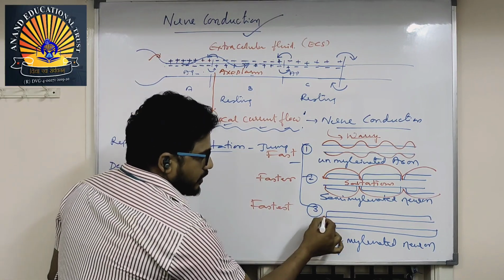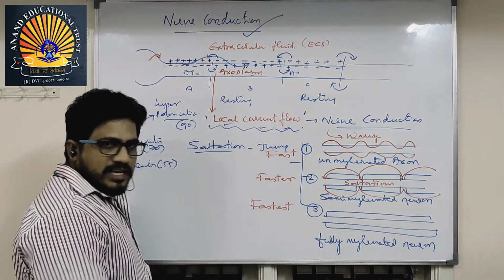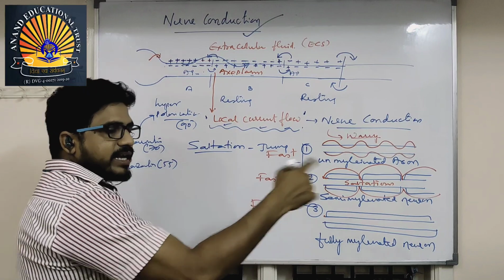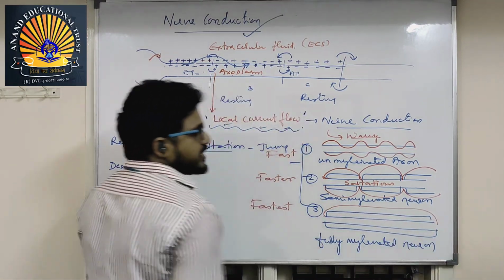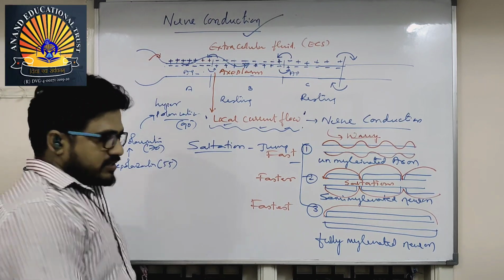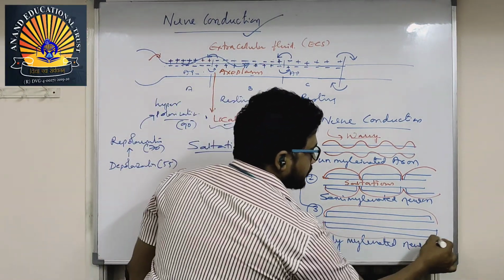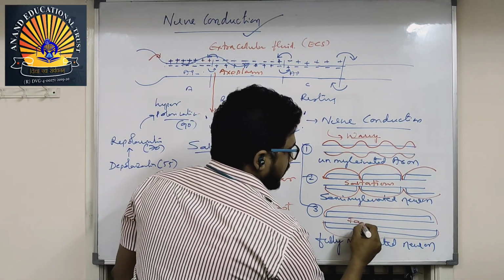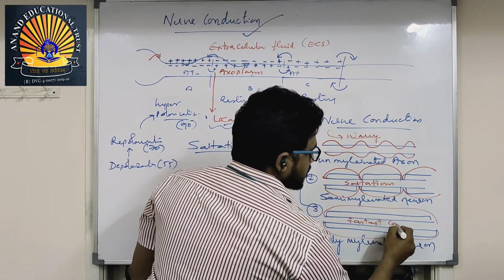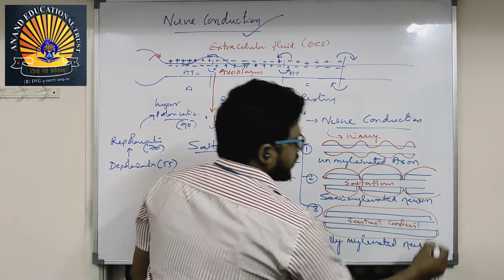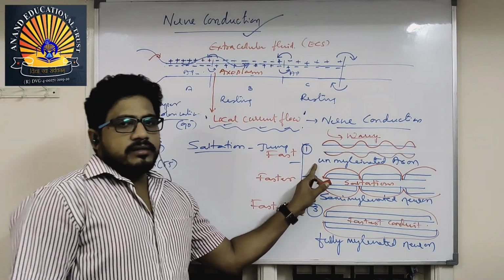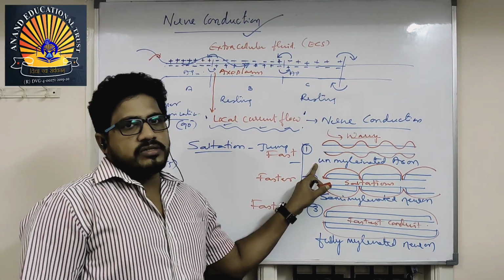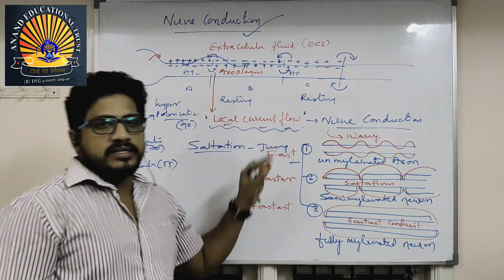Why? From here to here, the myelin sheath is there. There are no intervals. If intervals are there, they have to jump. As they do not have intervals, the nerve impulse reaches the terminals very fast by one single jump. So that is the fastest conduction, or conduit. Conduit means path. In non-myelinated neurons or axons, conduction is fast.